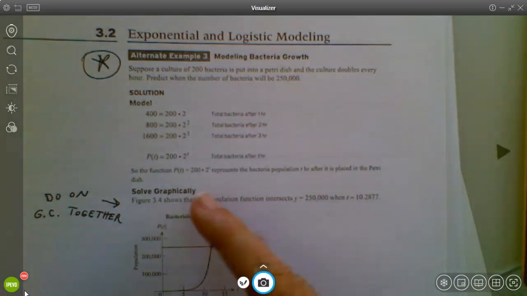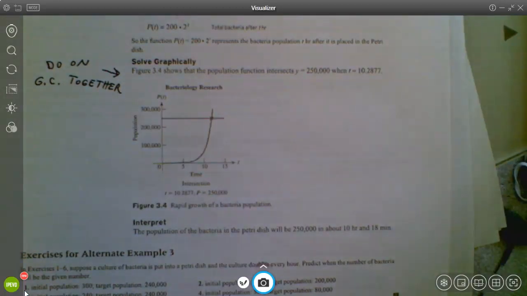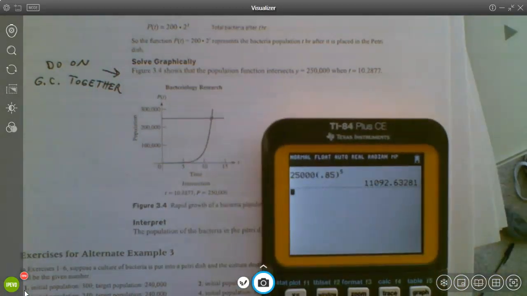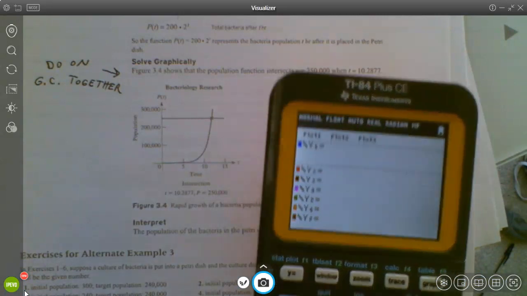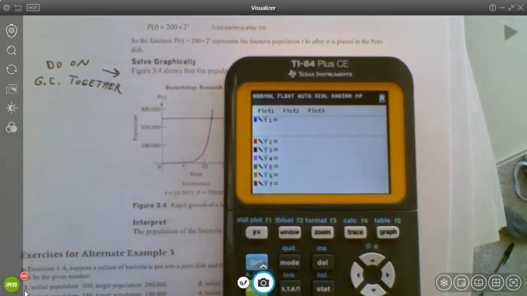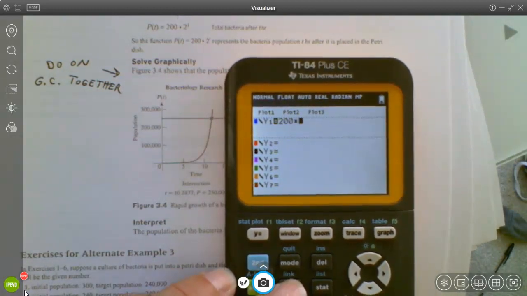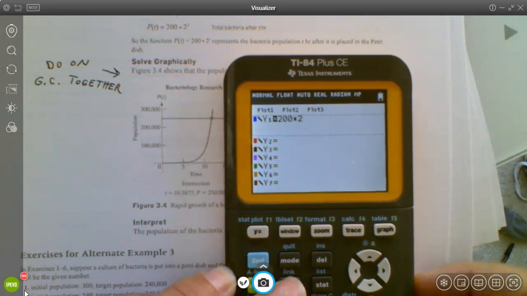Eventually, we will be solving this using logarithms, but because that comes up a little later in this chapter, what they want us to do first is try solving this on a calculator. So real simple, and we've done ones like this already this year. So what we're going to do is go in and graph our 200 times 2 to the x.